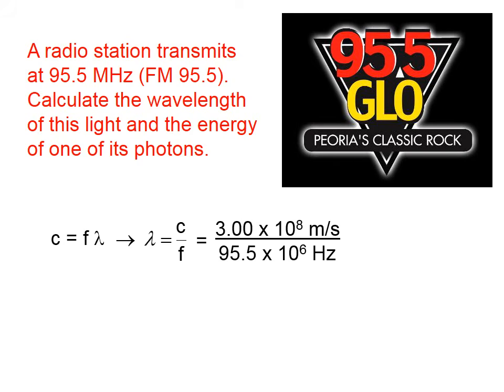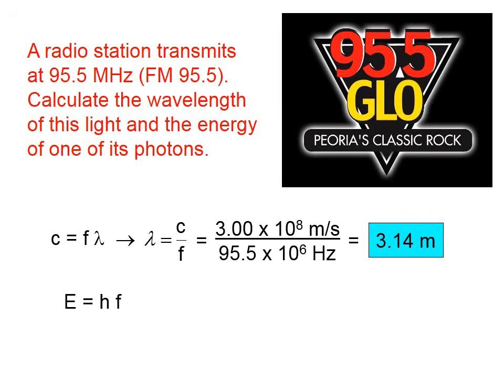The fact that it's not in proper scientific notation is certainly not going to bother your calculator. So you can simply type it in that way using your exponent key and you'll get the right answer, which is about 3.14 meters. That's the wavelength.